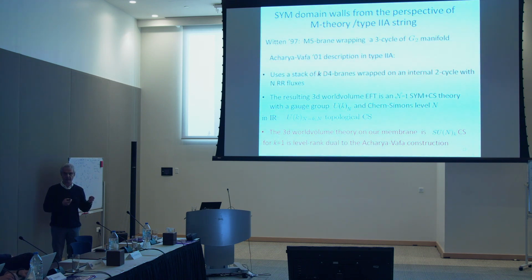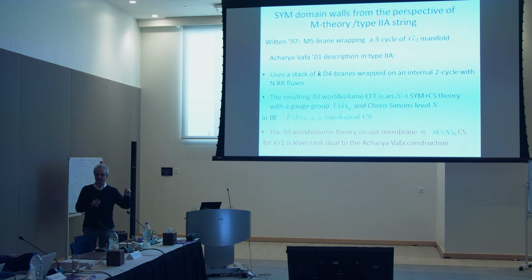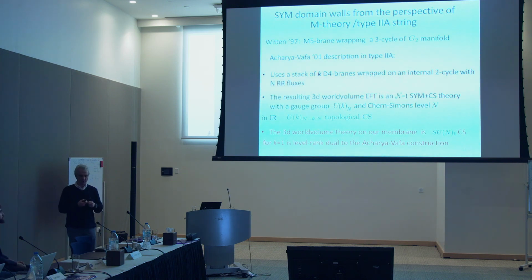And they found that if the number of flavors is less than N divided by 3, then you can take the mass of the flavor multiplets to infinity, and still the domain wall solutions survive. And it seems that these domain wall solutions are exactly the ones which I mentioned.